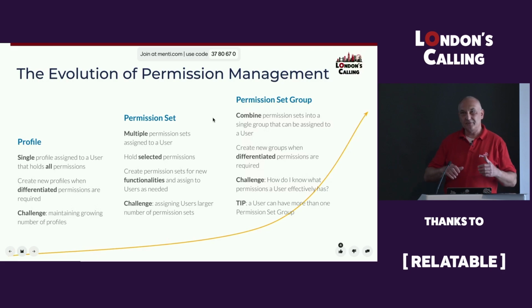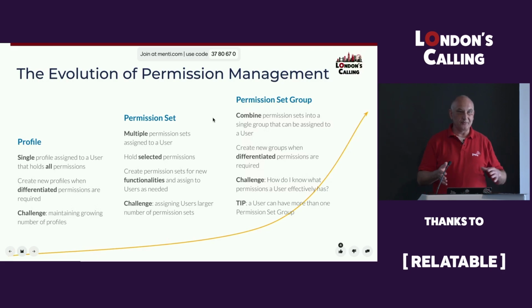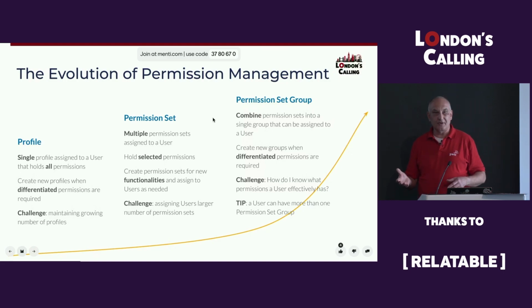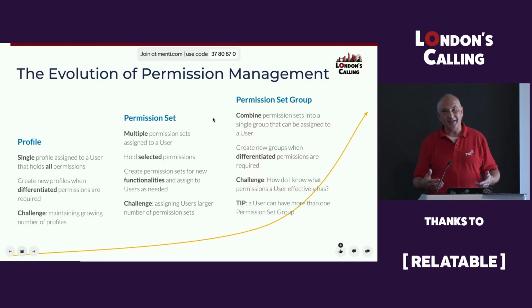If you want to have differentiated access, you need to create multiple profiles. Also, those profiles drive the assignment of page layouts, record pages, and many other things. So you couldn't really have too many profiles.